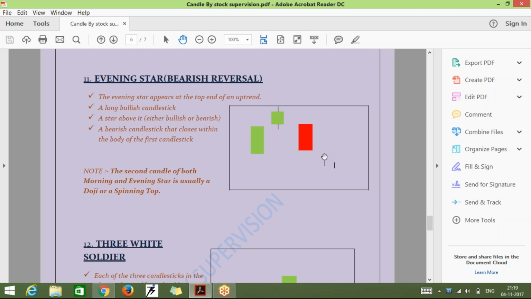But the stop loss is the same for both of them. The stop loss is the open of this candle. So for a risk taker the stop loss range is less, and if the stop loss hits, he would definitely lose less money.